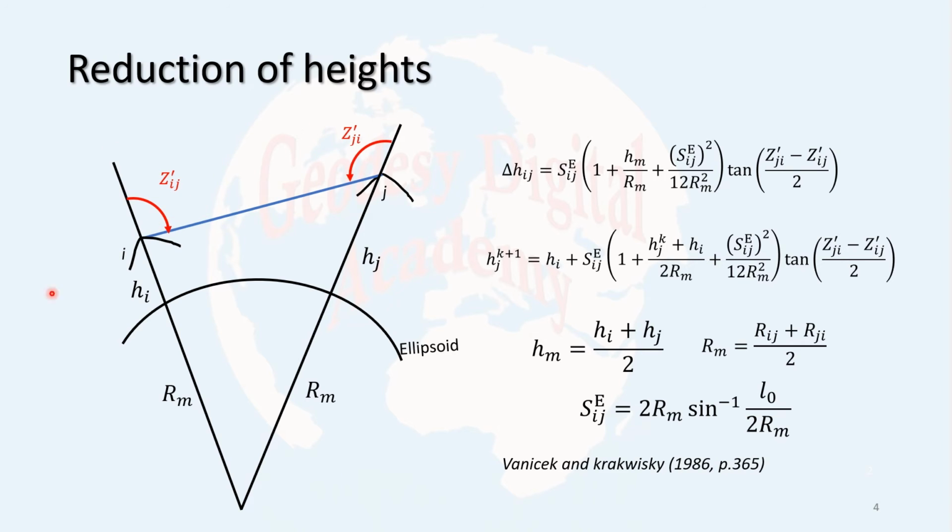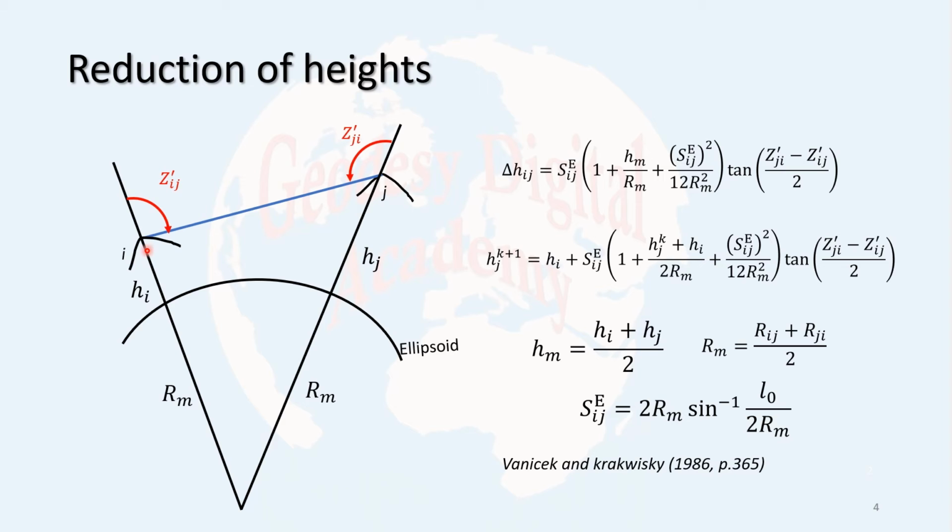It means that they are already corrected for the gravity field. The effect of the gravity field has been removed from them. So therefore, it is like these vertical angles are measured directly from the normal to the ellipsoid, not the plumb line.